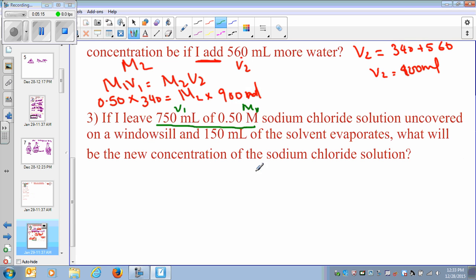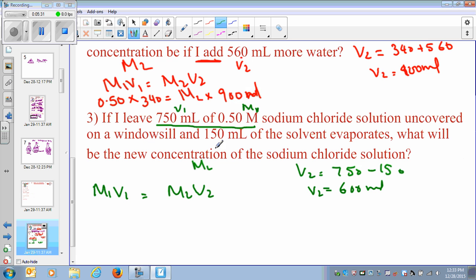That means my V2 is 750 minus 150, so it is 600 milliliters. What is the second concentration? M1V1 equals M2V2.